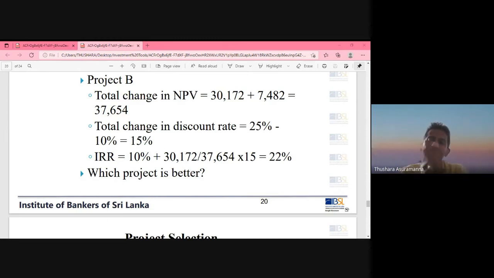Now you get that WACC. 40 into 15, how much? Sorry, 40 into 15 is 6. 60 into 10 is 6. 6, 6, 12. Divided by 100 is 12%.